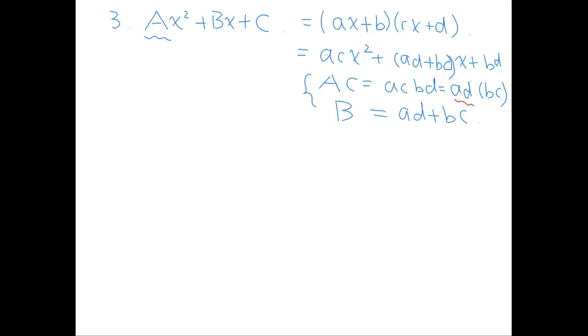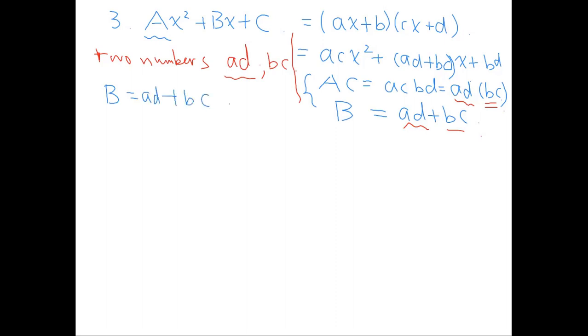One is AD, this is one number, and the other one is BC. And we want the sum to be the big B. So that is the sum of these two numbers, and the product is A times C.